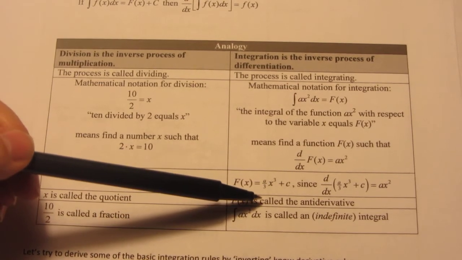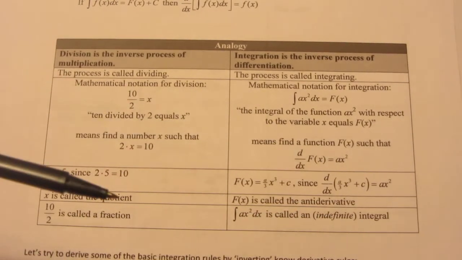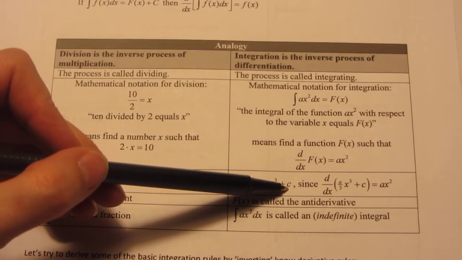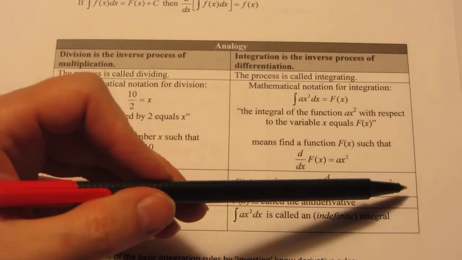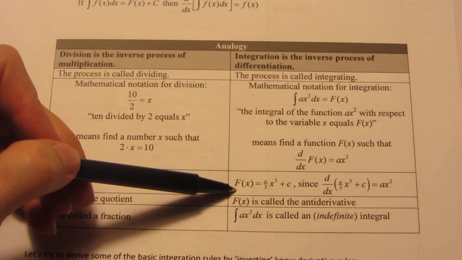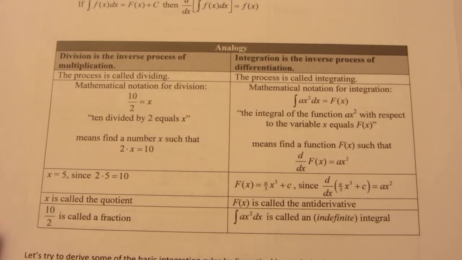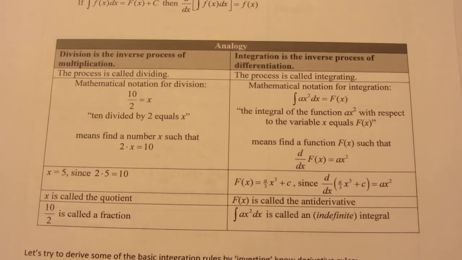So that ends up with ax squared here. And when I take the derivative of c, it's just equal to 0. So in that case, it's plus 0 in the end. So this works. So I know that this is going to be the antiderivative, or the general antiderivative, or general solution, whichever way you want to put that, of this particular function.